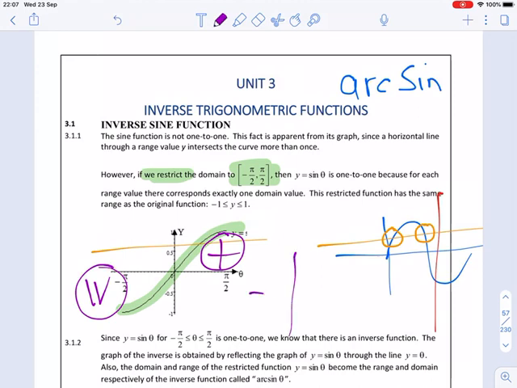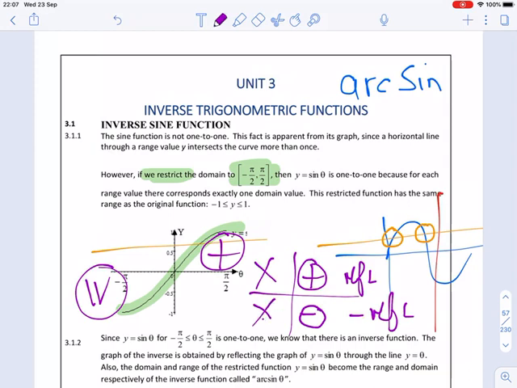For all our positive answers, we will just give the reference angle as the answer. And if anything is negative, we will go to the fourth quadrant and give negative the reference angle as our answer. This is very, very important. So we don't use the second and the third quadrant whatsoever for arcsine.